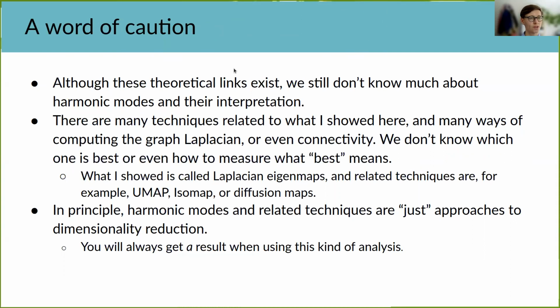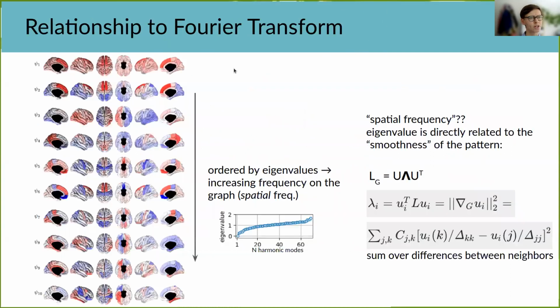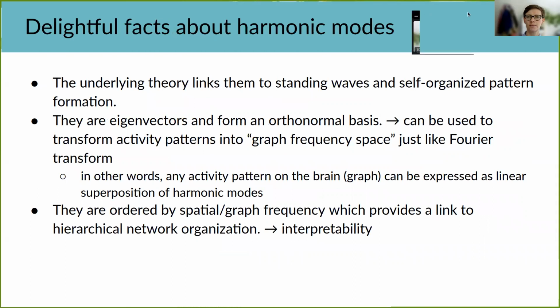I will finish with a summary, which somehow has moved up here, but I will just tell you about it now. So what is so delightful about harmonic modes is that the underlying theory that I just vaguely touched upon links them to standing waves and self-organized pattern formation, like in animal coats.